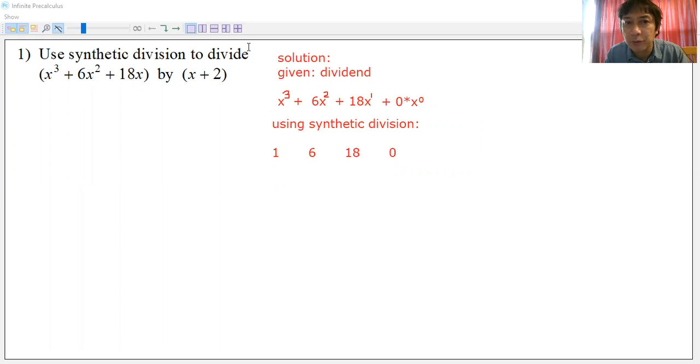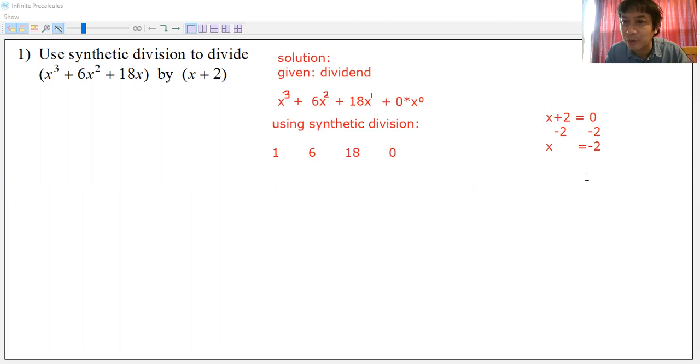So you're going to make use of this x plus 2, and then you equate this to 0 and solve for x. The way to solve for x, this will be just -2 there, and this will be x equal to -2.